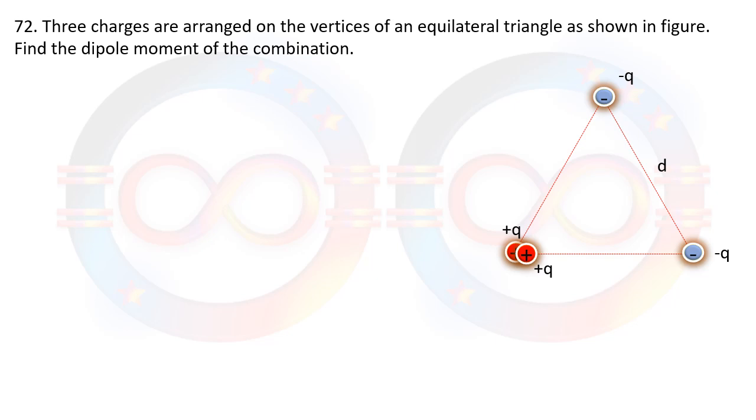So this 2q we can consider as q and q, so that between two pairs the dipole moment will be from negative to positive as p is equal to q into d, and from here also it will be q into d, and they will be at an angle 60 degree because of the equilateral triangle. If we want to calculate net p, we have to add these two vectors when they are inclined at an angle 60 degree. So this will be the resultant, 30 degree from both.